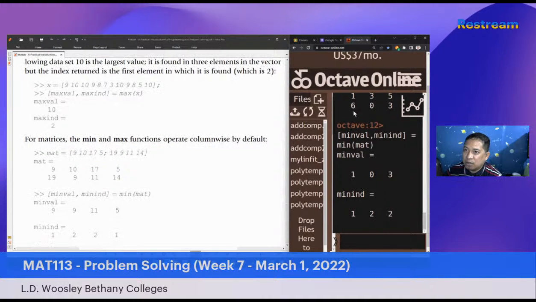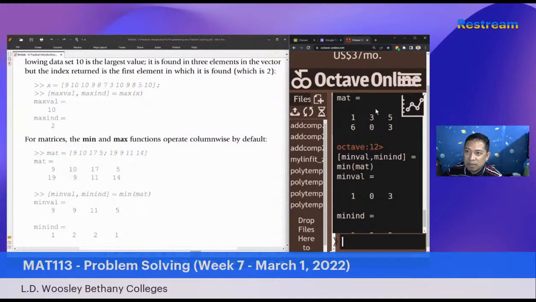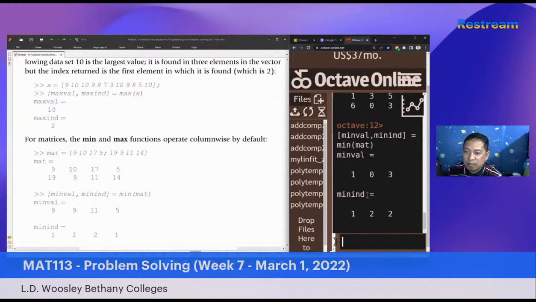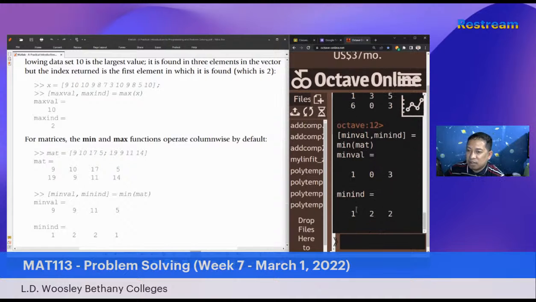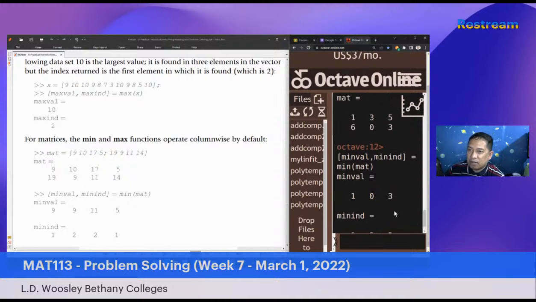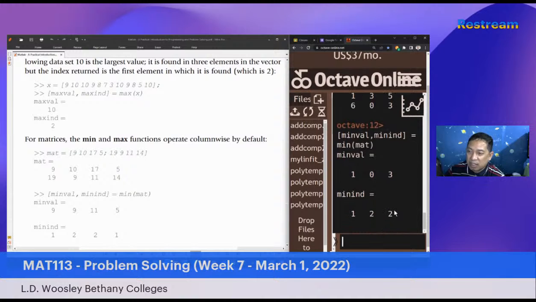Una, yung minimum value, comparing 1 and 6, 1 is minimum. 3 and 0, 0 is minimum. 5 and 3, 3 is minimum. So, also the minimum index is located here, the first, second, and third column. Yan. First and second row. First, second row. So, where you could locate the minimum value.